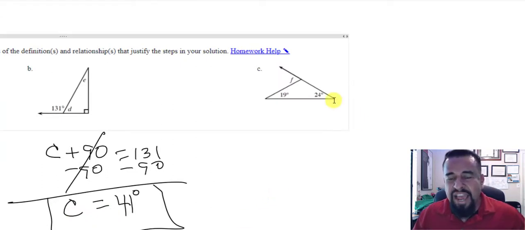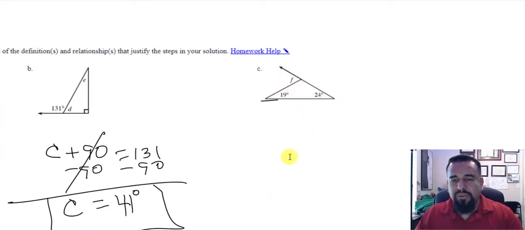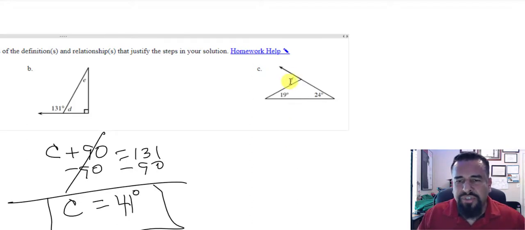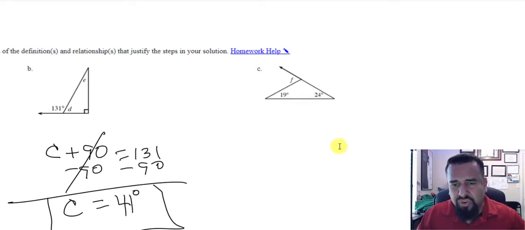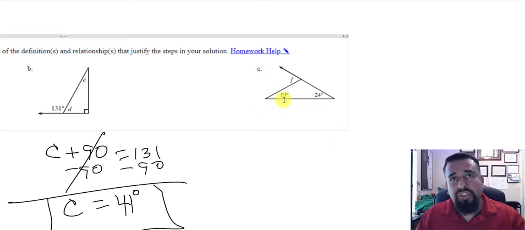All right, last one. Oh, this was even easier. I'm surprised they didn't give me this as my second problem, because the middle one was a little more complicated than this one. Because earlier I told you that the exterior angle was equal to the two interior angles, right? So if that's true, then, excuse me, the two remote interior angles.